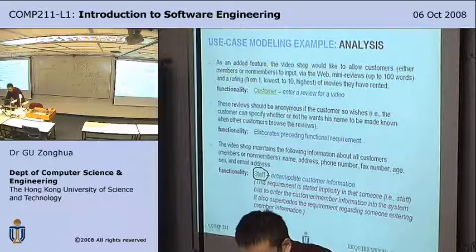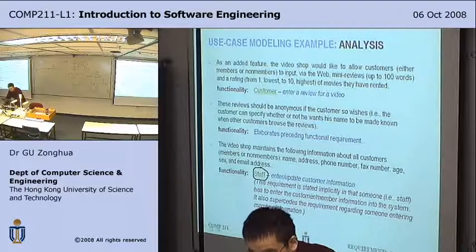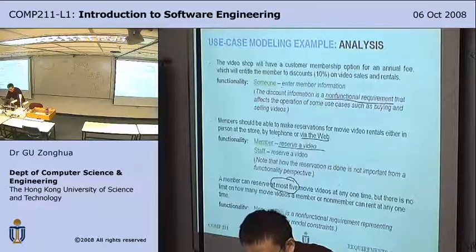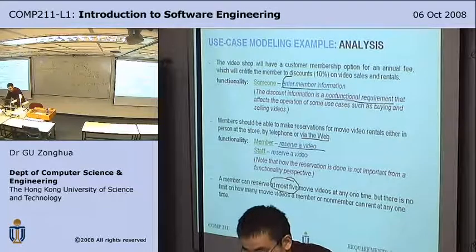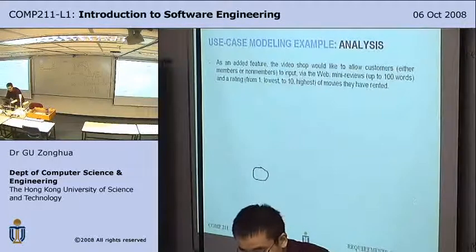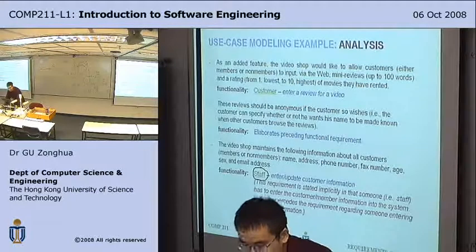It also supersedes the requirements regarding someone entering member information. So we had a requirement earlier that someone enters member information. Because a member is just a special customer, if you have here a staff enters or updates customer information, you don't need the previous one.